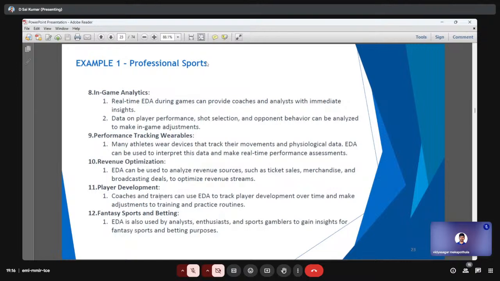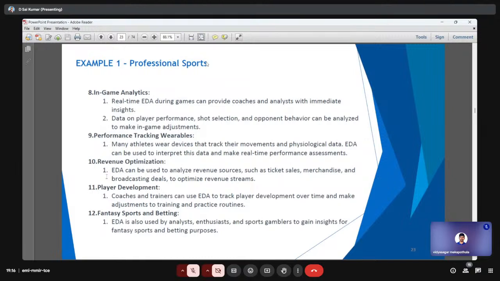Now we have other in-game analytics and performance tracking variables. Generally, many athletes wear devices which track their movements and physiological data. The data read from those devices can also be used as input for predictive models in order to analyze the performance of that individual.